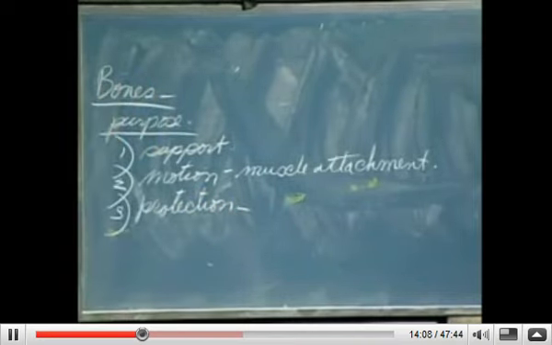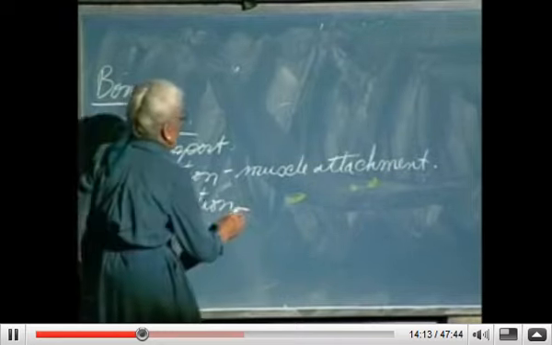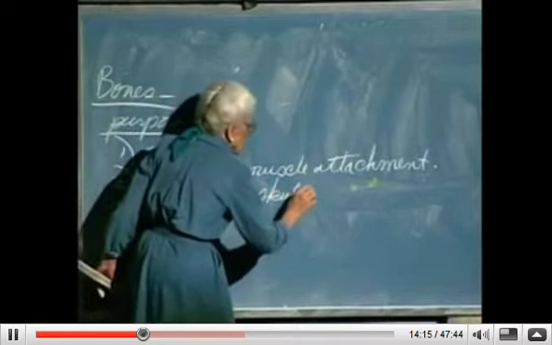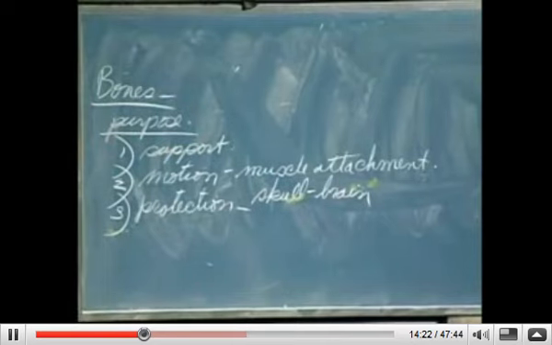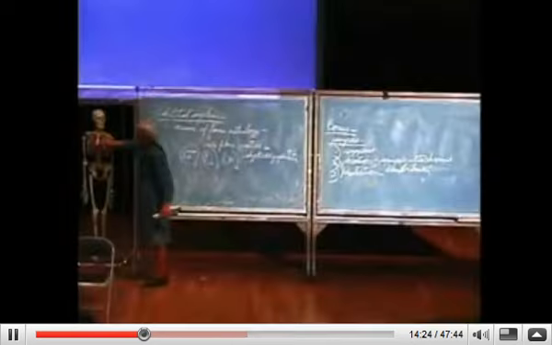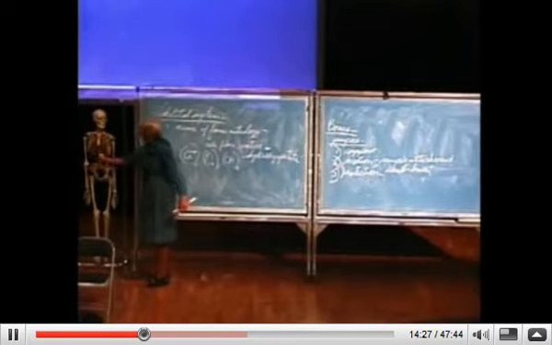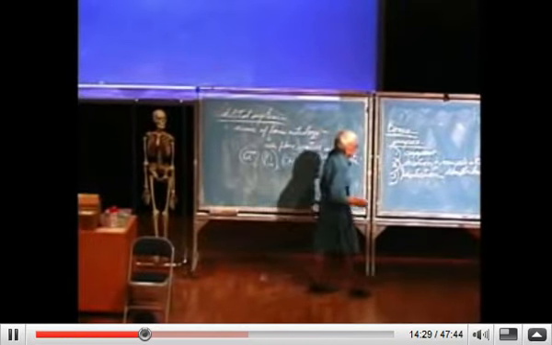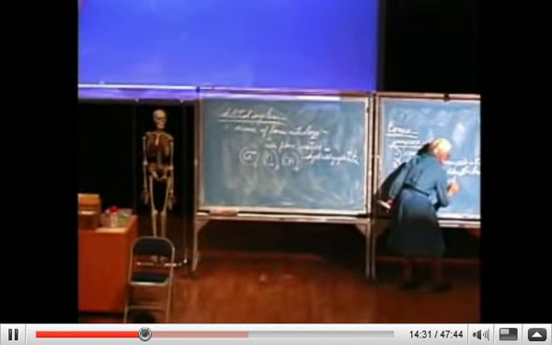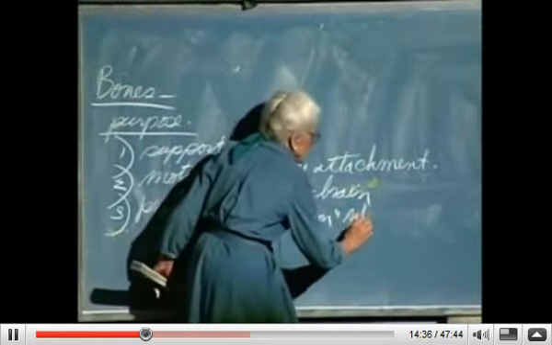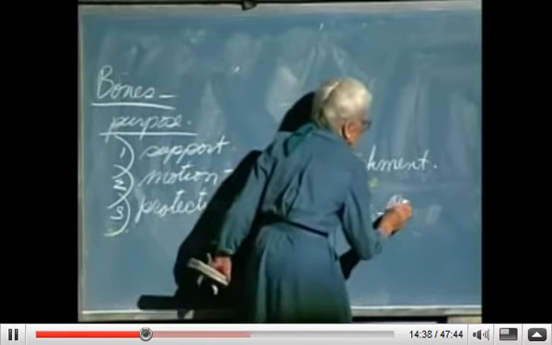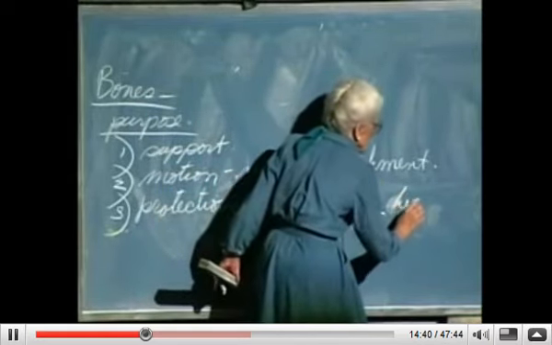Obvious examples: the skull protecting the brain, and the sternum, the breastbone, and the ribs protecting the heart and the lungs.